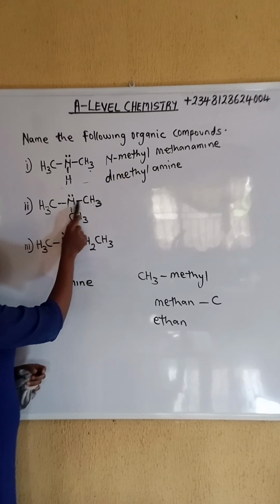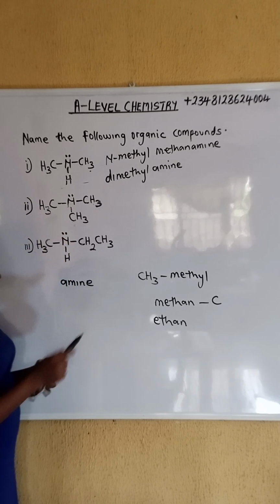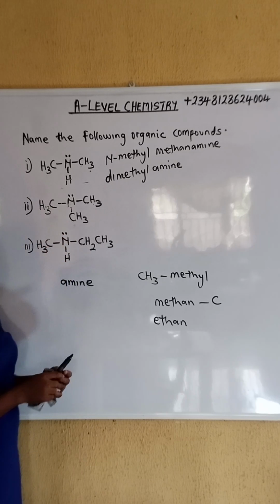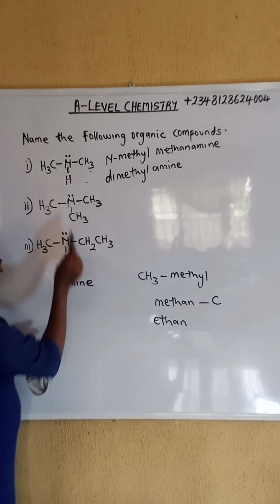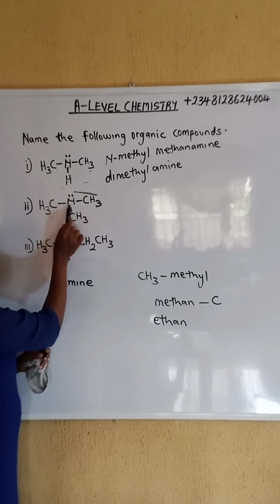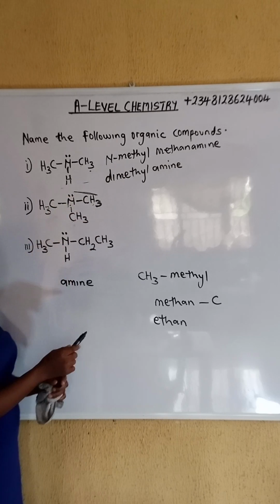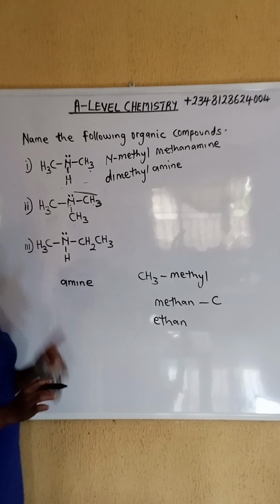Then you can see that we have one carbon at this side, one carbon here, then one carbon atom attached to the left-hand side. Then you can pick any side. So you pick that side together with the functional group, with this nitrogen, as the parent chain. Then you consider this CH3 and CH3 to be substituents.